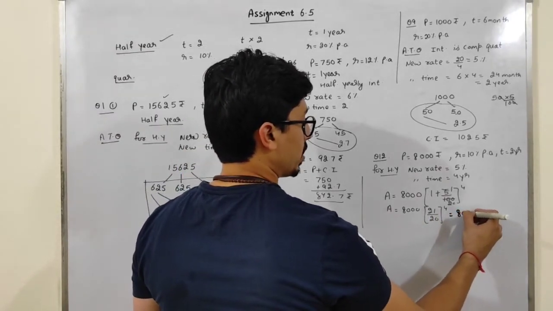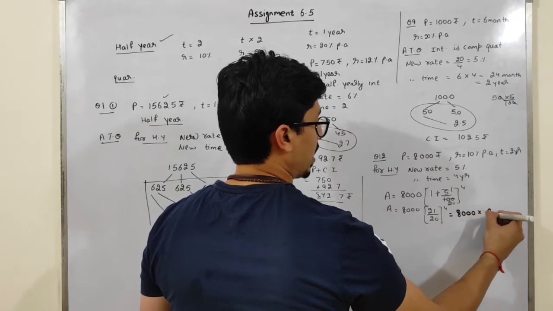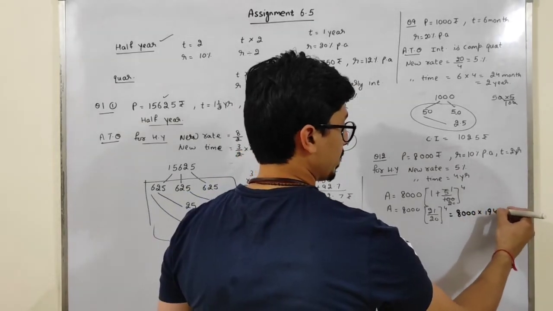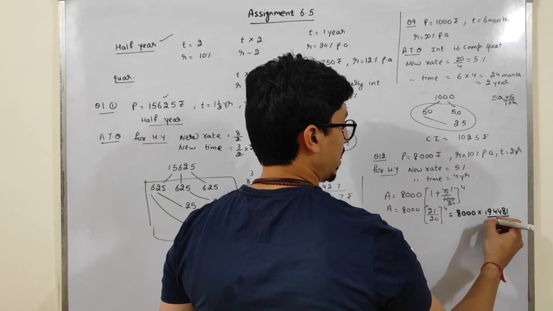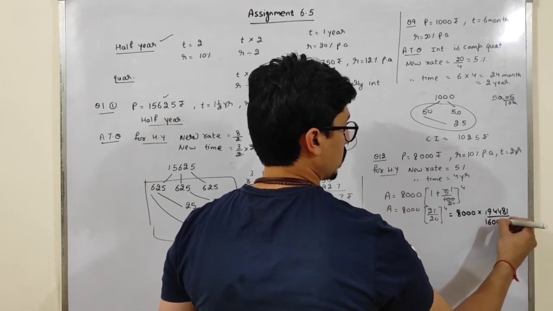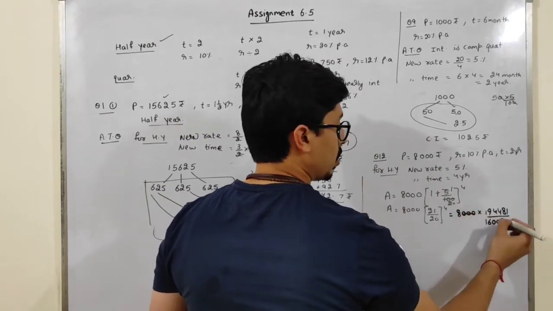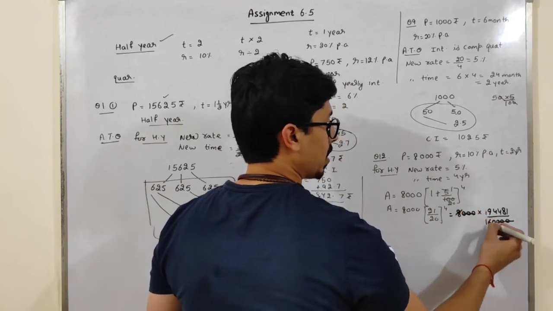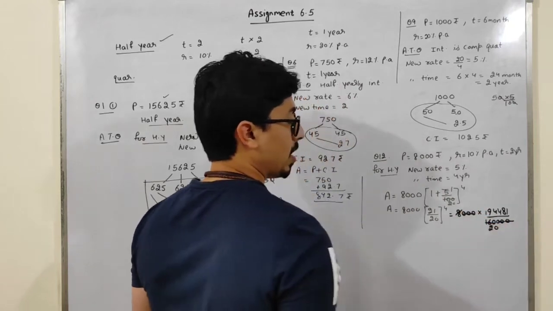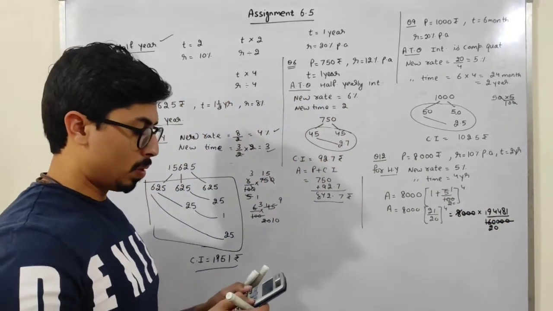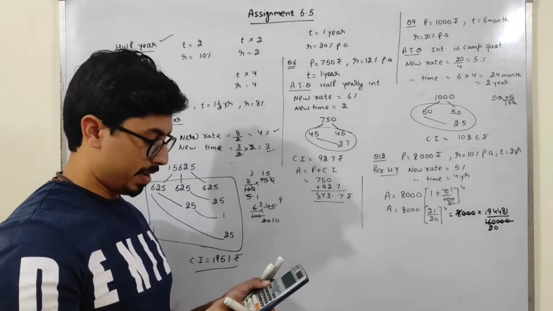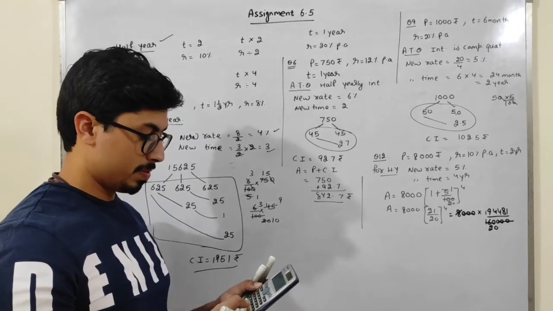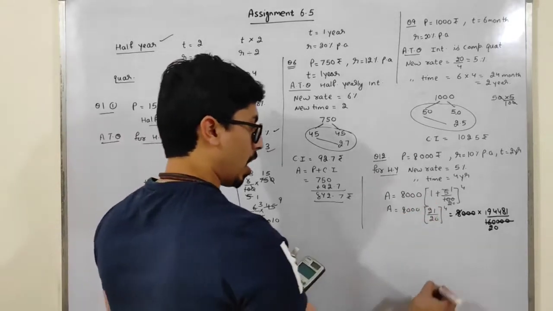So 8,000 times 194481 divided by 20 to the power 4, 3 zeros cancel out. So this will be my amount. This will be how much?